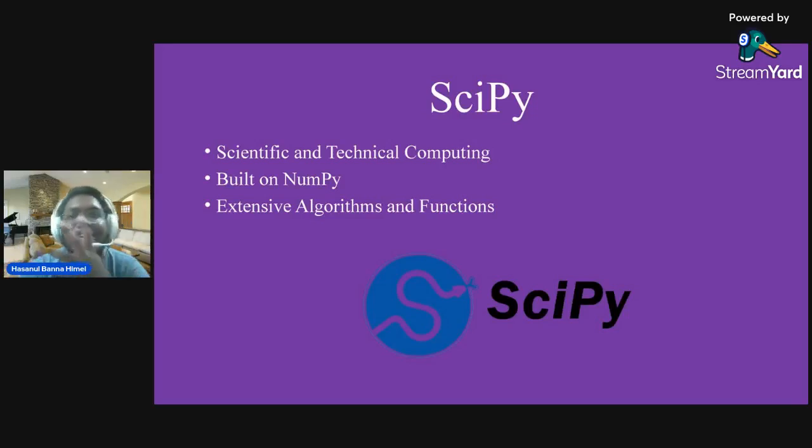We have seen the eigenvalues problem previously in our linear algebra, in the matrix parts, and many more.